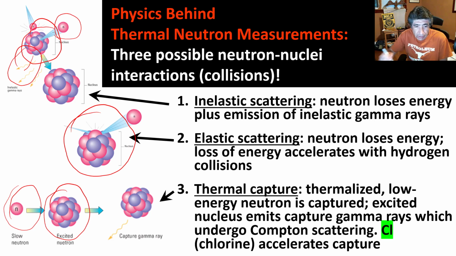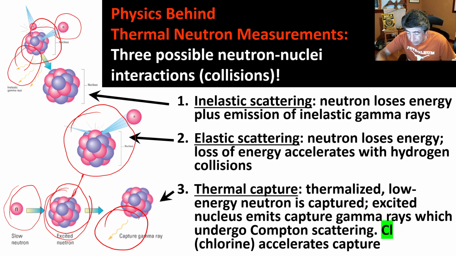And that capture will give rise to a gamma ray. Essentially the capture of the neutron by the atom will make the atom that captured the neutron unstable, radioactive. And because it becomes radioactive, now it begins to release gamma rays.